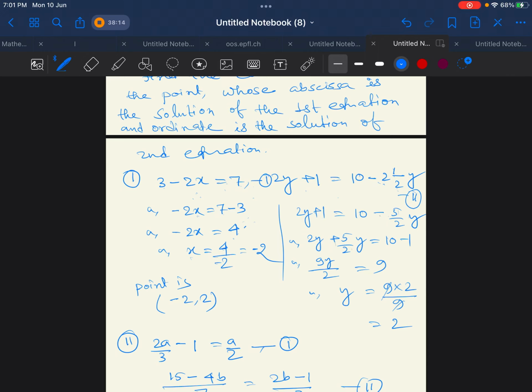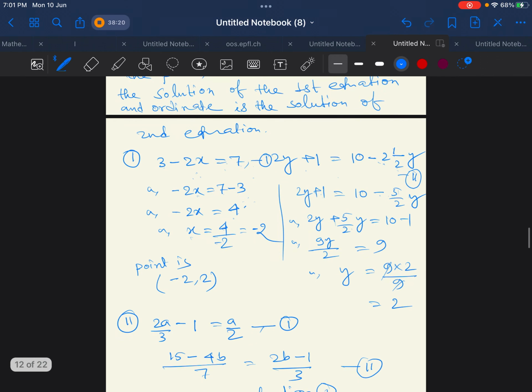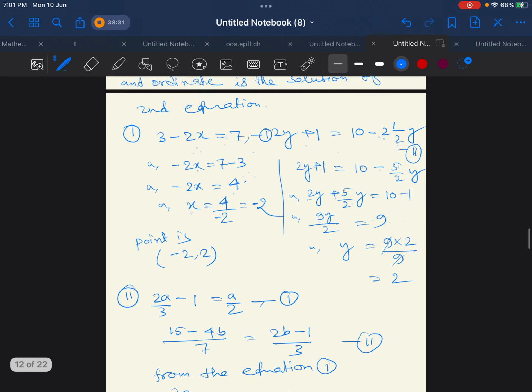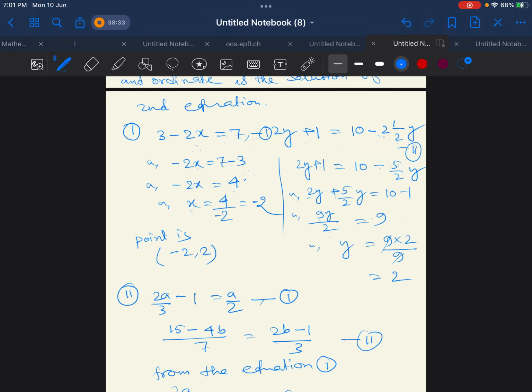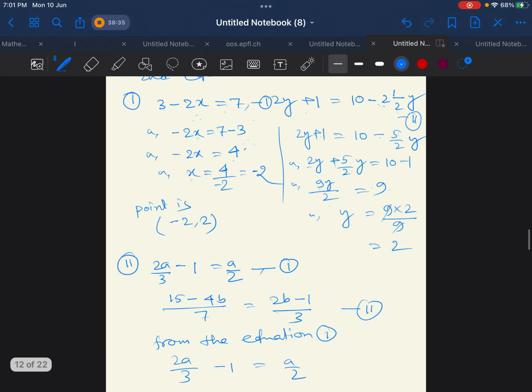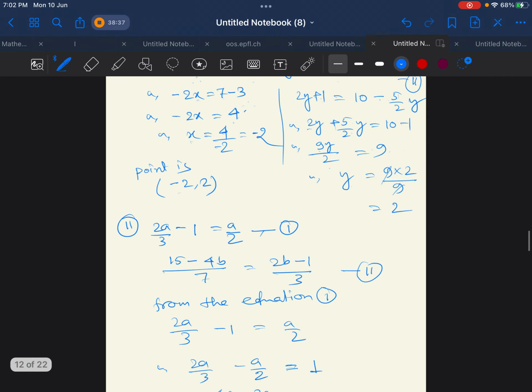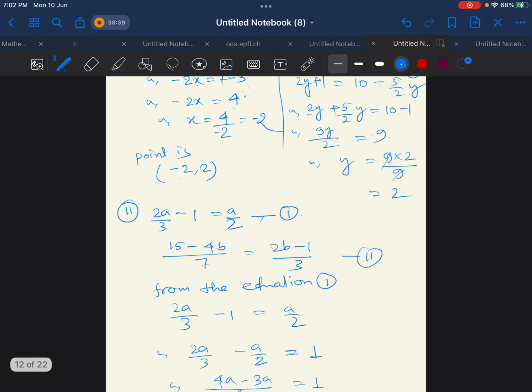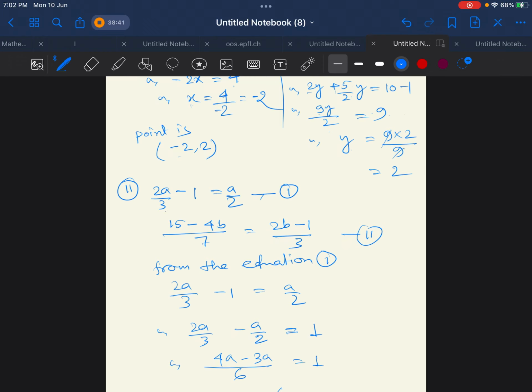So 2y equals 10 minus 1. So now we have 4 plus 5, 9y by 2 equals 9. Y equals 9 by 9 into 2. So this point is minus 2, 2.